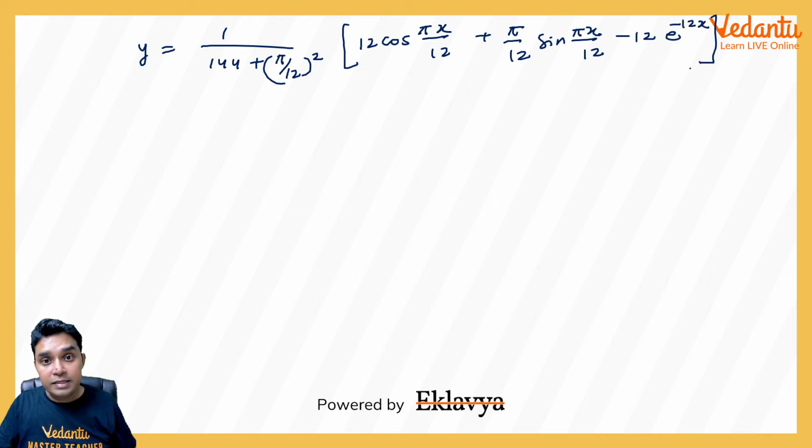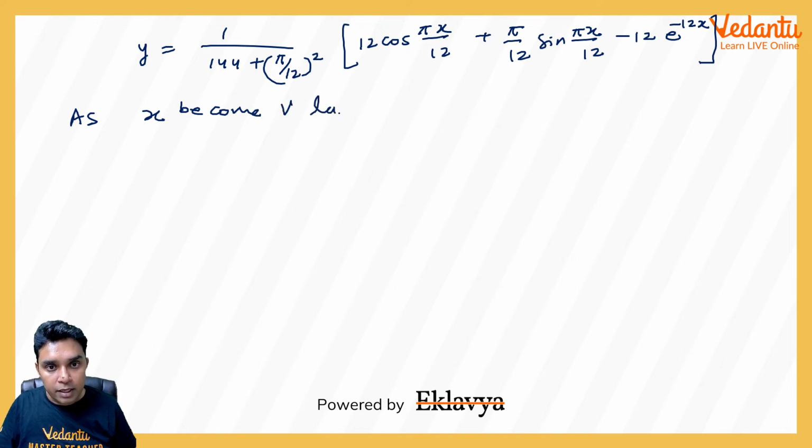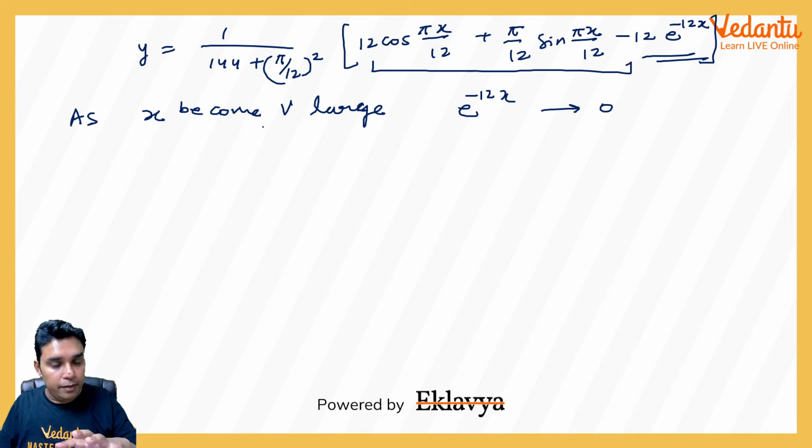Okay, now please listen carefully. If I take x very large, e power minus 12x becomes very small. I'm not saying that you ignore this term, but I'm saying it will take values that are very, very small, isn't it? E power minus 12x will be almost 0. Then this function y, with the effect of cos and sine combined together, will be oscillating about the line y is equal to 0.